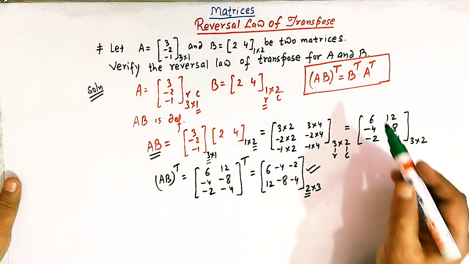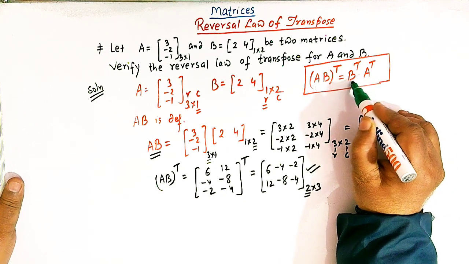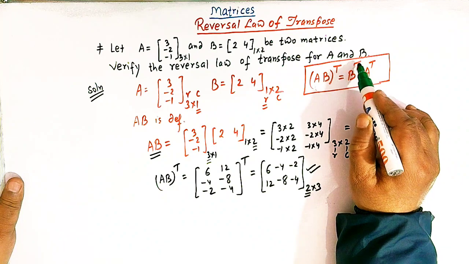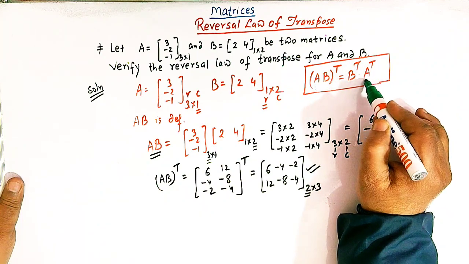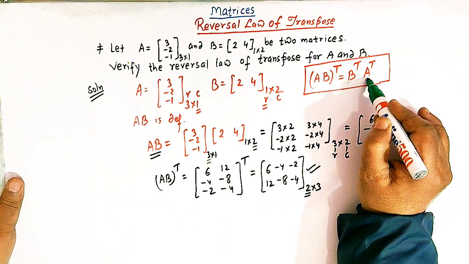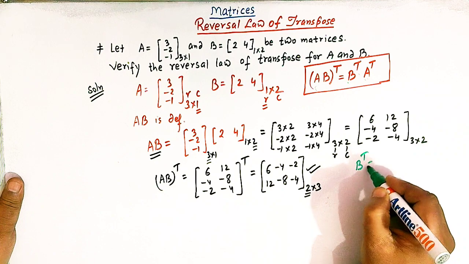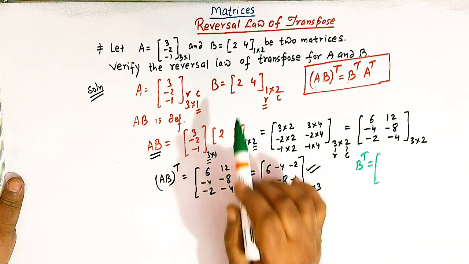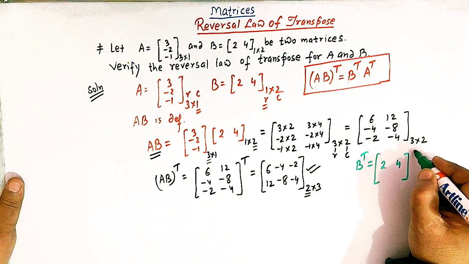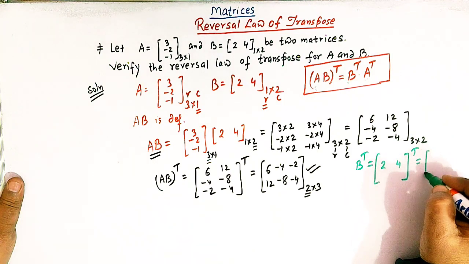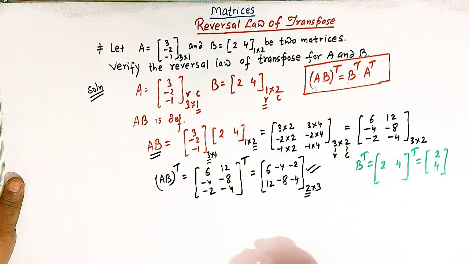So now let us find out the right hand side. For obtaining the right hand side, we have to find the transpose of the matrix B, transpose of the matrix A, and then the product, right? So now we have B transpose is given by B is here 2 4, and the transpose is given by the column matrix, that is 2 4, right?